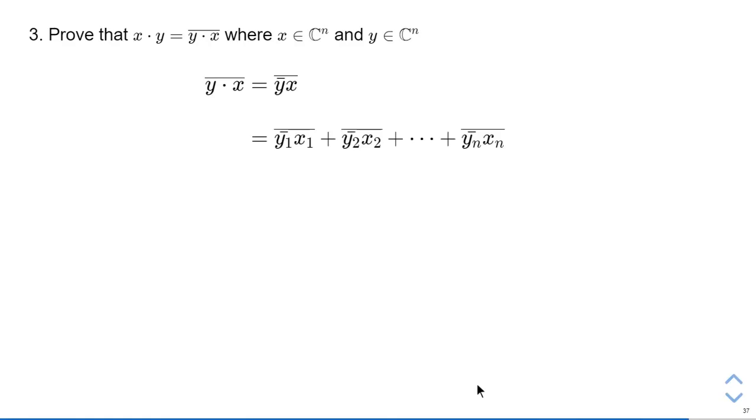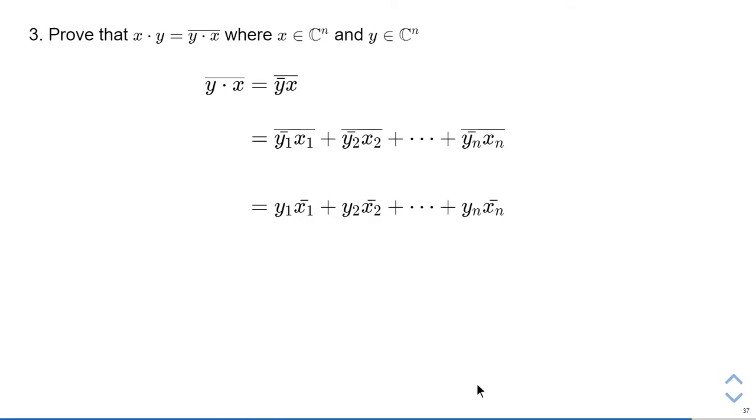We simply take the conjugate of all the elements in y, which is y1 conjugate, y2 conjugate, up to yn conjugate, and multiply with the respective elements x1, x2, up to xn, and then we take a whole conjugate. Using the property that the conjugate of a b is a conjugate times b conjugate, we have written it down like this.